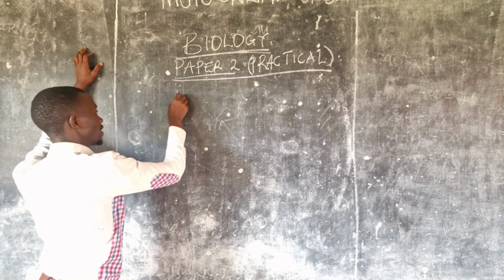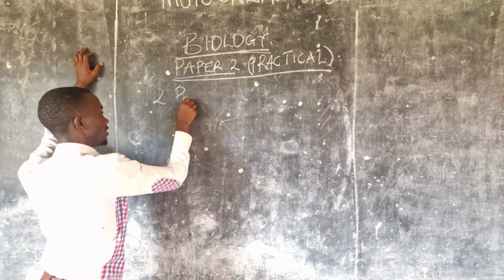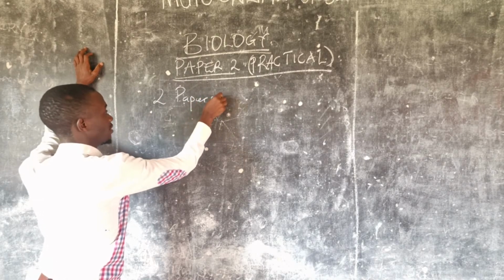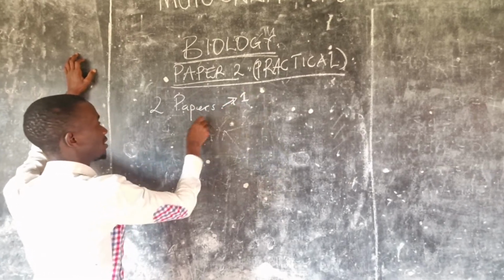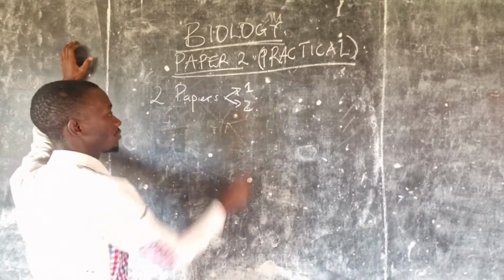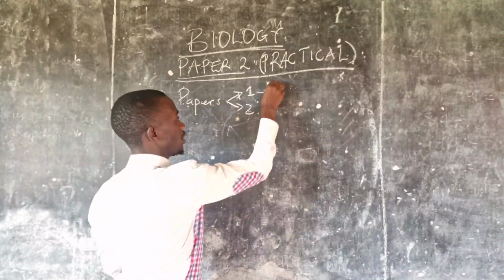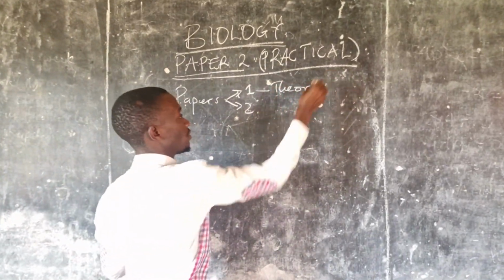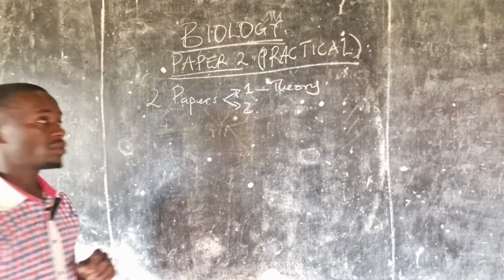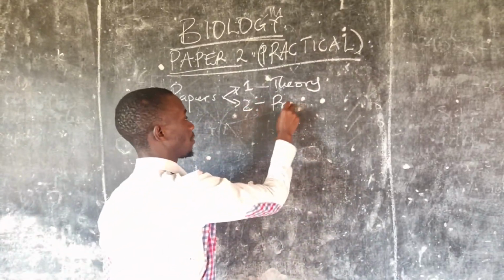Biology has 2 papers. We've already said this. We have paper 1 and paper 2. This is a theory paper we have already talked about, and this is a practical paper.